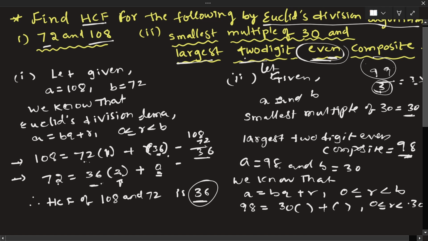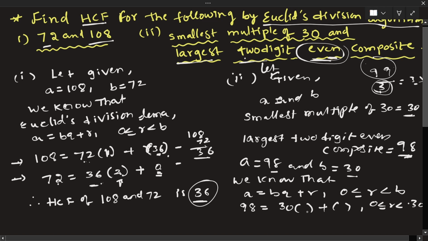Okay, a is how much here? As I already explained in the previous problem, the larger number will be a and the smaller will be 30, that is b. So we apply the division algorithm, a = bq + r, and 0 ≤ r < b. The dividend a is 98 and the divisor is 30.